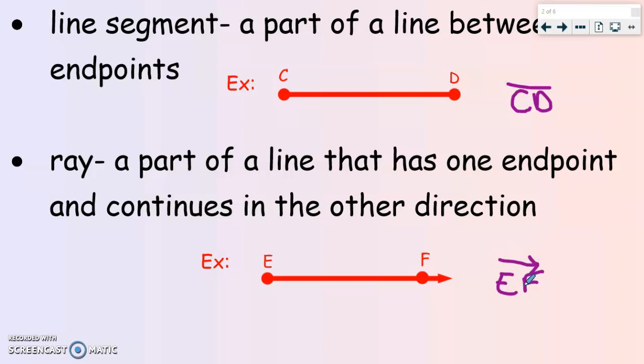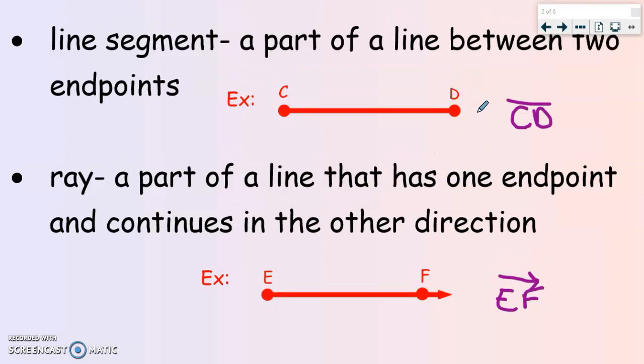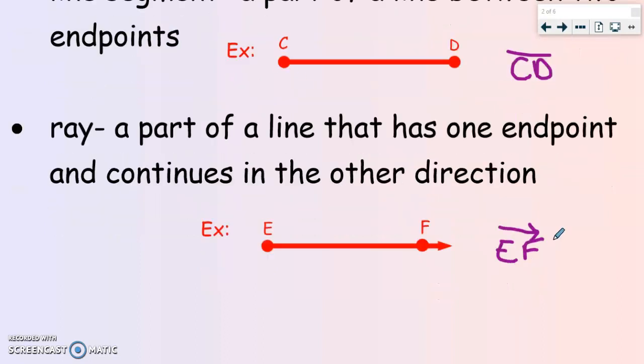And usually with rays, whichever end is the endpoint would come first, and whichever end has the arrow would come second. Usually for the other ones, the line segments and the lines, the order doesn't necessarily matter. It refers to the same thing. I usually just go from left to right.